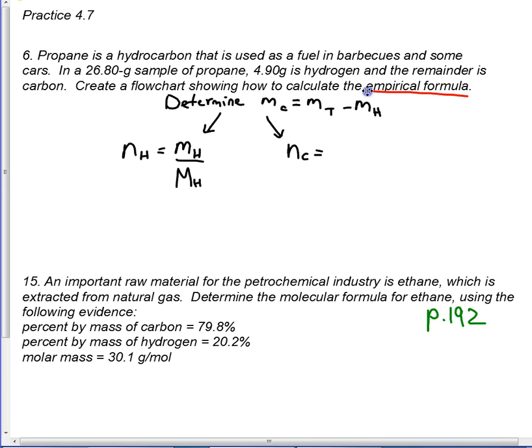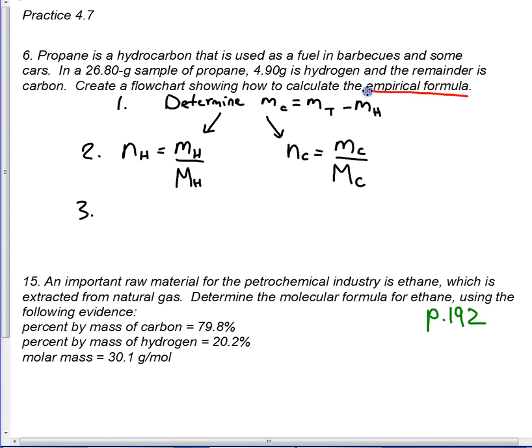So we could just take our element masses and divide by the molar mass of the element. In this case, that would give us 2 mole values, which can then be compared. So step 2 involves 2 parts to it.